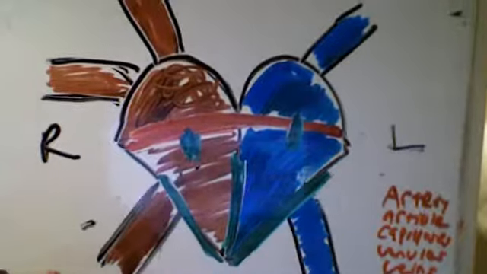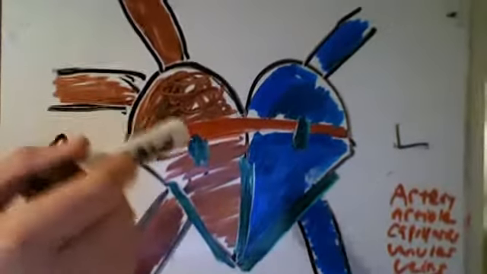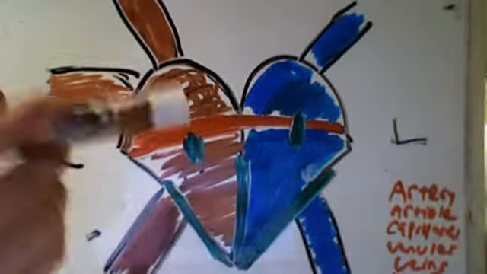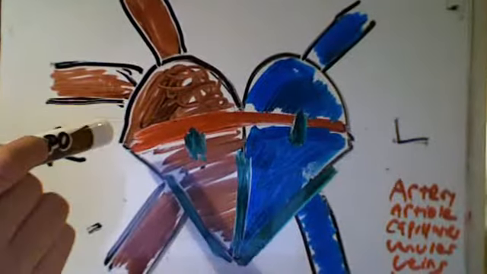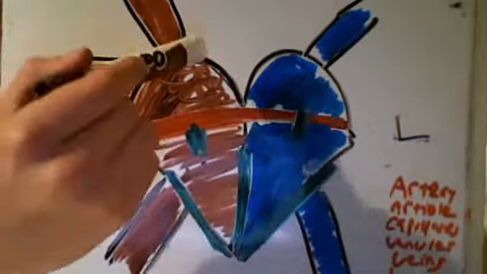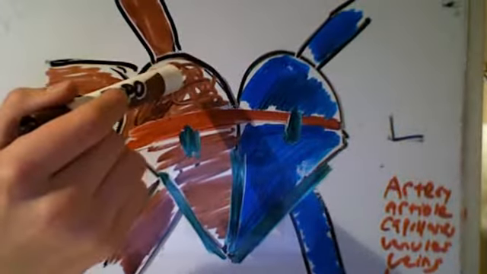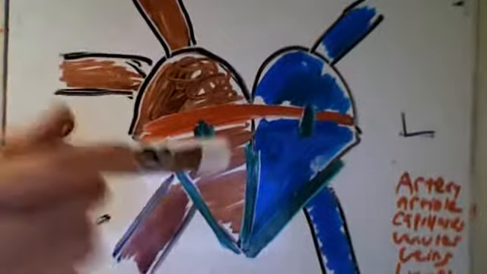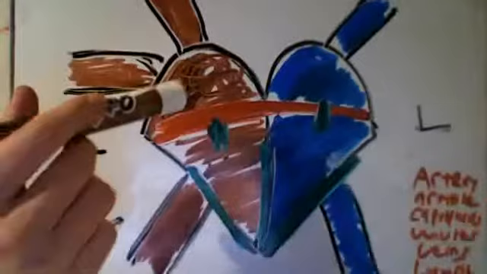Pulmonary circulation is the relationship that the heart has with the lungs. So remember, the right side of the heart has two passageways leading into it, and it's called the pulmonary circulation because it has a relationship with the lungs, as you will see.